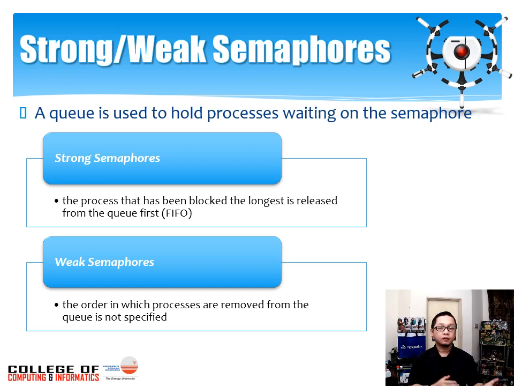So you have the first in, first out order. But if you don't have a proper order in which the processes are removed from the queue, then you have a weak semaphore. So when you run a program, make sure you have a proper first in, first out order. It means that when a process enters the queue first, it will be released first from the waiting queue.